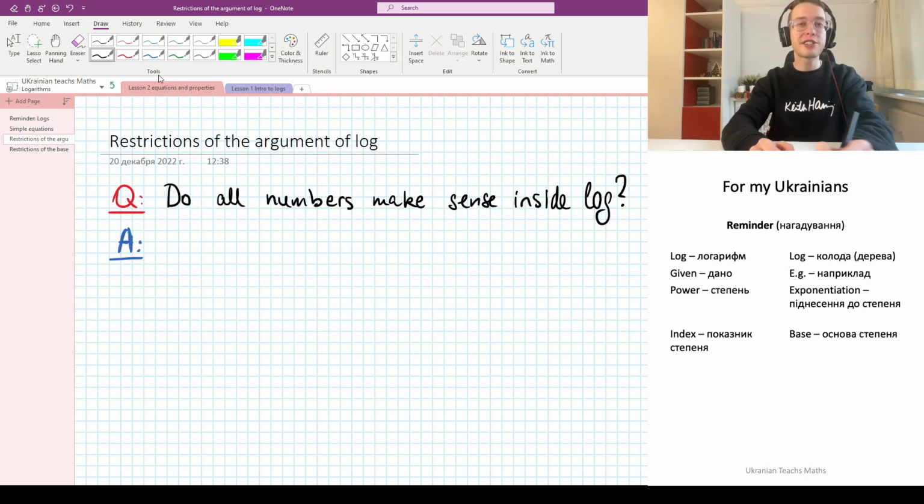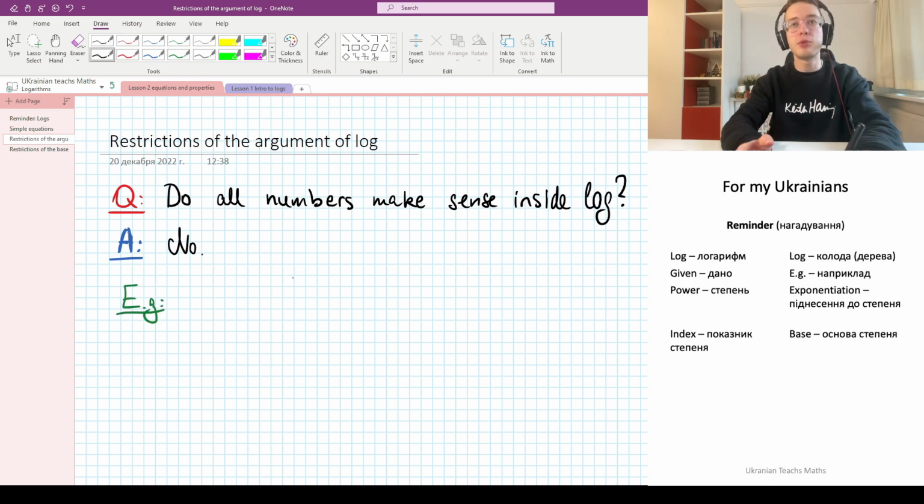So we are now asking ourselves this question: do all numbers make sense inside of a logarithm? And the answer, unfortunately or fortunately for mathematicians who love math, is no. Why is that? To understand this, we are now going to look at one example.